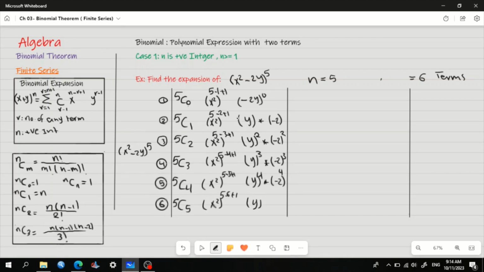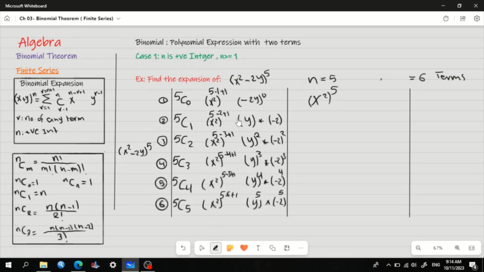Here y power 5 and here negative 2 power 5.